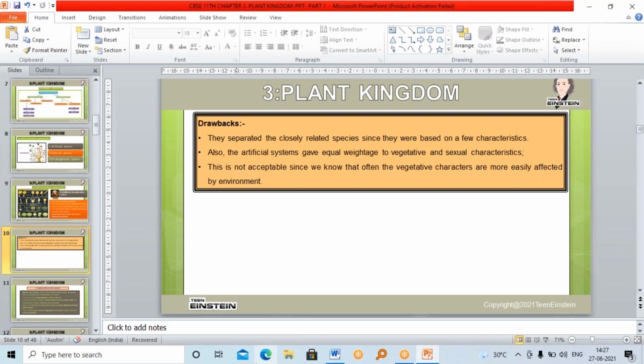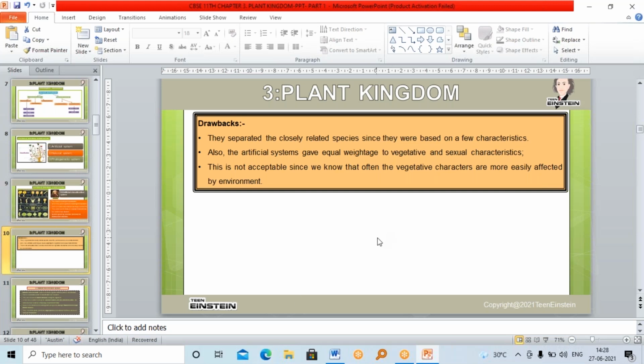The effect of climate will be more on vegetative characters, so we can't consider those characters for classification because that may cause separation of closely related species. That is the main drawback of this classification system.